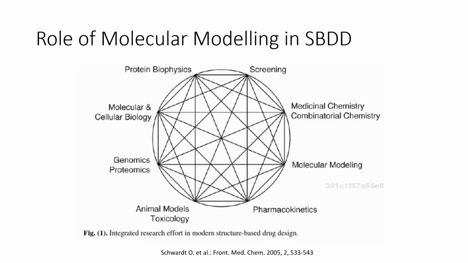In this scheme, you can see how molecular modeling is connected to different activities, for example, combinatorial chemistry, screening, protein biophysics, molecular and cellular biology, genomics and proteomics, animal models, toxicology, and pharmacokinetics. All these activities are connected with molecular modeling.